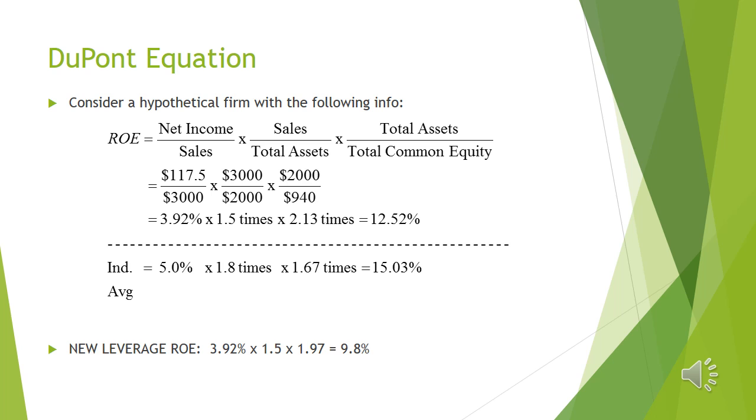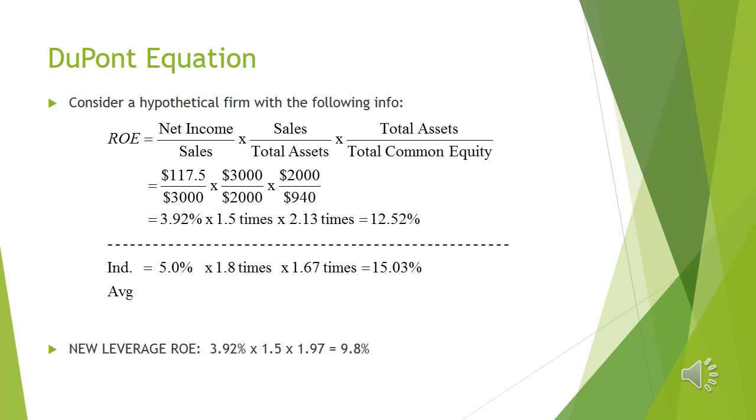The total asset turnover ratio, as you can see, is also below industry average, 1.5 times versus 1.8 times for the industry, which indicates that it has more assets than it needs, or in other words, it is not using its existing assets as efficiently as the average efficiency in the industry it is in. So it might want to do something about improving its utilization of its assets and increase the efficiency of its assets.